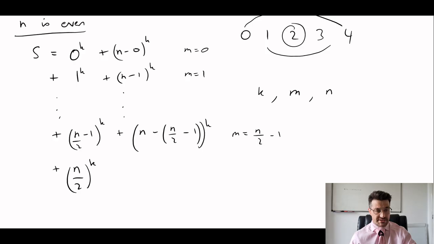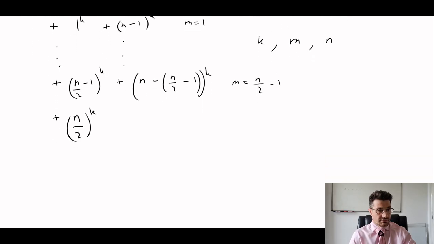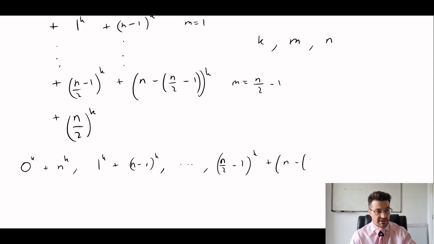So each of these pairs, 0 to the power of k plus n to the power of k, 1 to the power of k plus n minus 1 to the power of k, plus all the way up to, n over 2 minus 1 to the power of k, plus n minus n over 2 minus 1 to the power of k, are all of the right form.